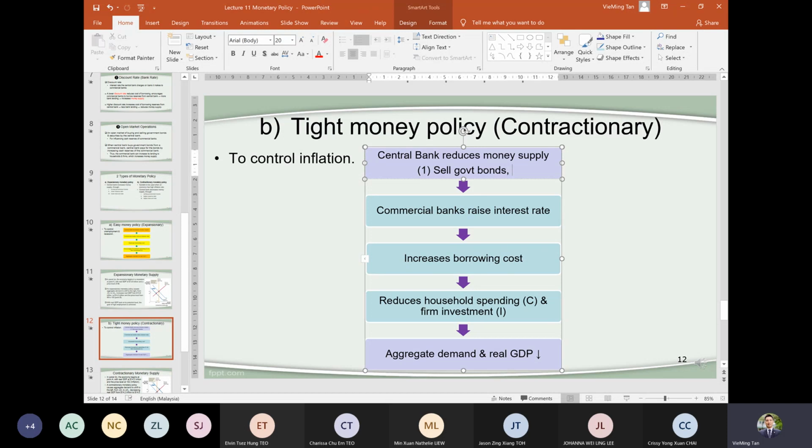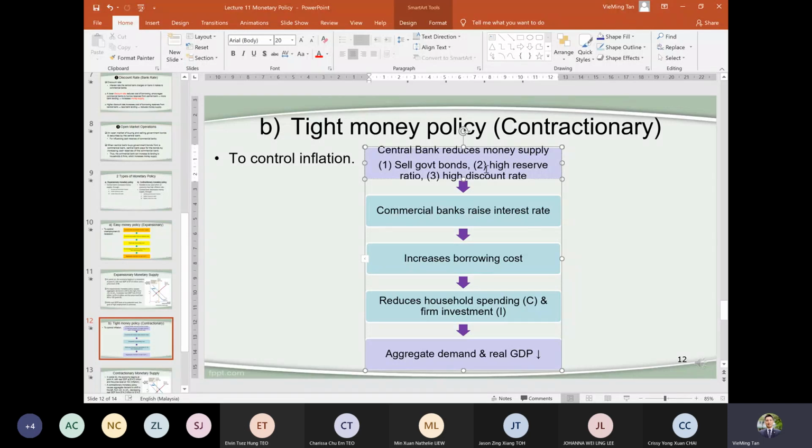Second is to have a higher reserve ratio, increase the reserve ratio. Third is to increase the discount rate. These three things. By doing these three tools, this will reduce the money supply in an economy.